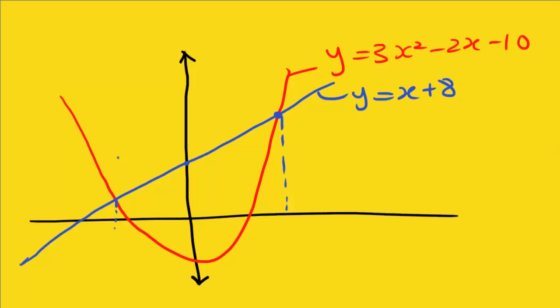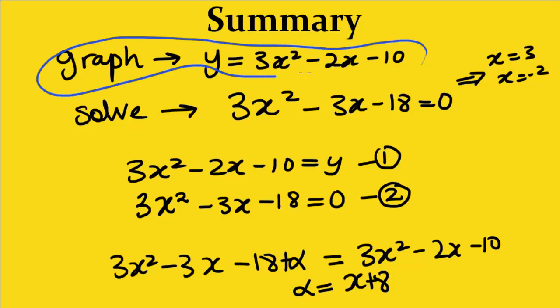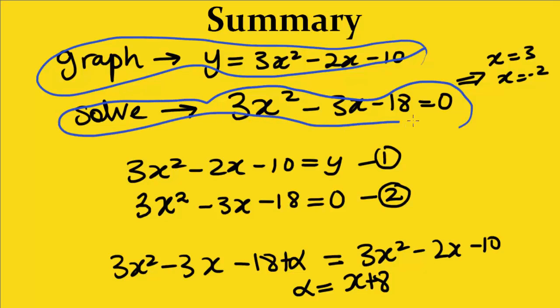So again, you're given a graph. You're asked to solve a given equation. You write your given graph in this form where just the y is on the right hand side.